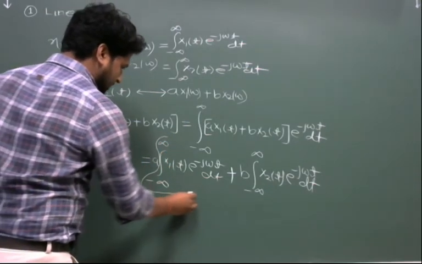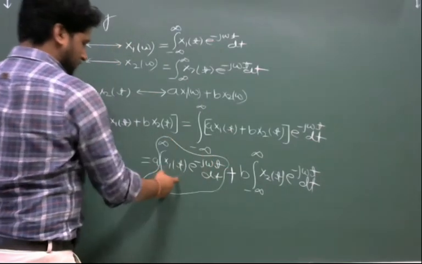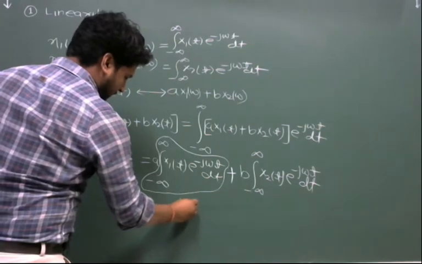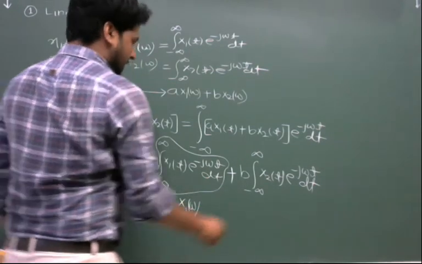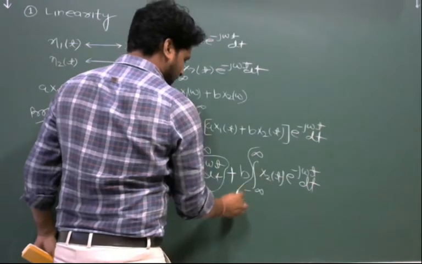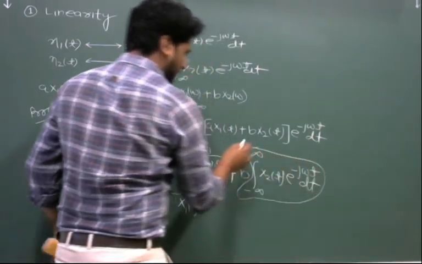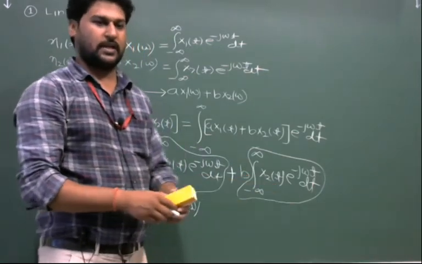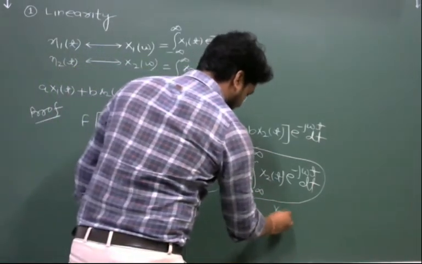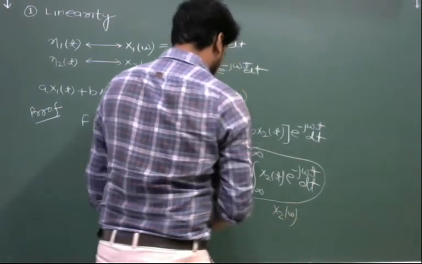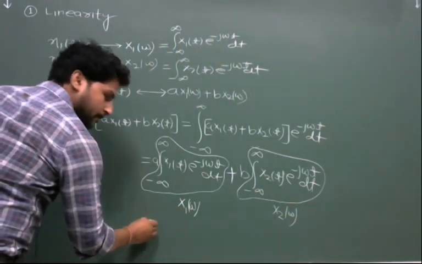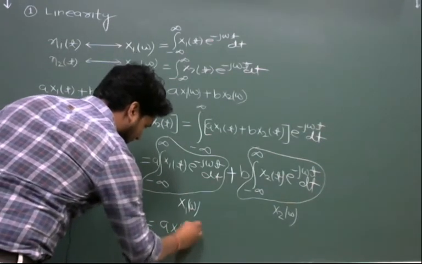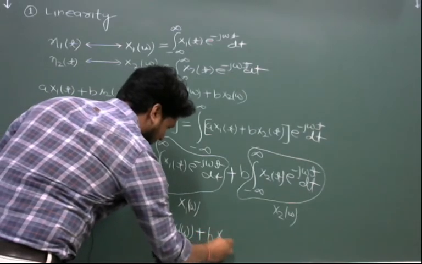It means that this value is equal to X1(omega), and this term, integration from minus infinity to plus infinity x2(t) into e power minus j omega t, is equal to X2(omega), and this will become a X1(omega) plus b X2(omega).